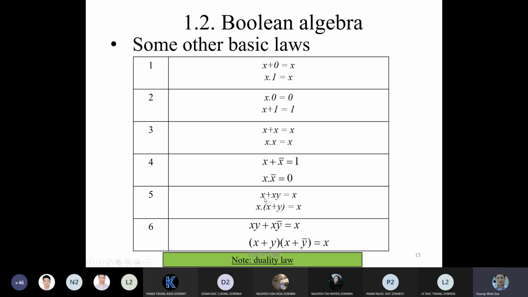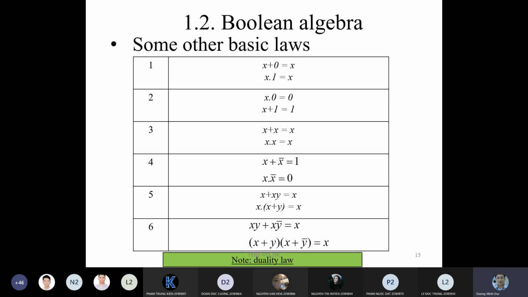So in the fifth law, x plus x multiply y equal x, then we change plus by multiply, multiply by plus, and we have the same result. And also here, plus replaced by multiply and multiply replaced by plus. Then we have x multiply x plus y negation equal x. So this is a duality.